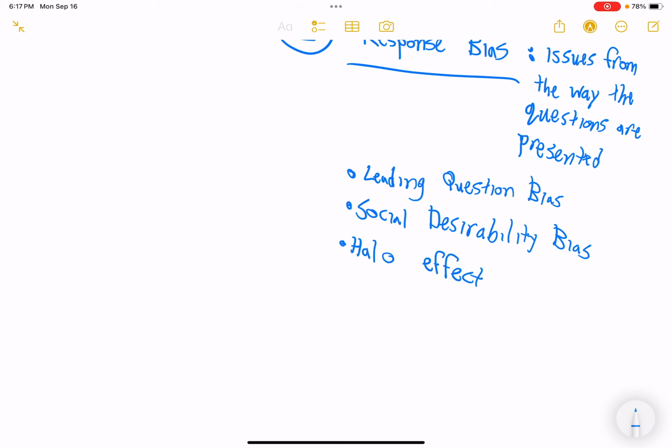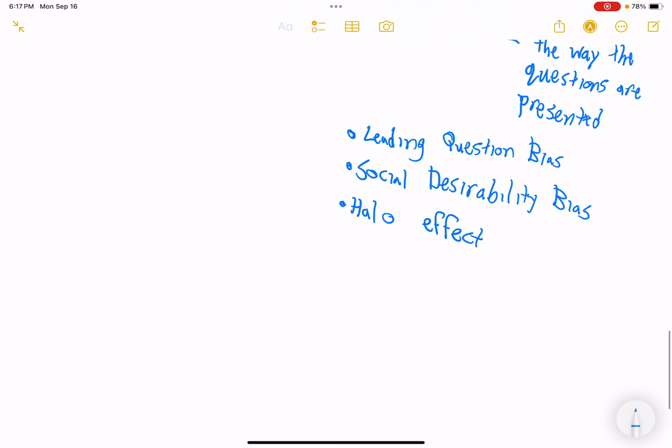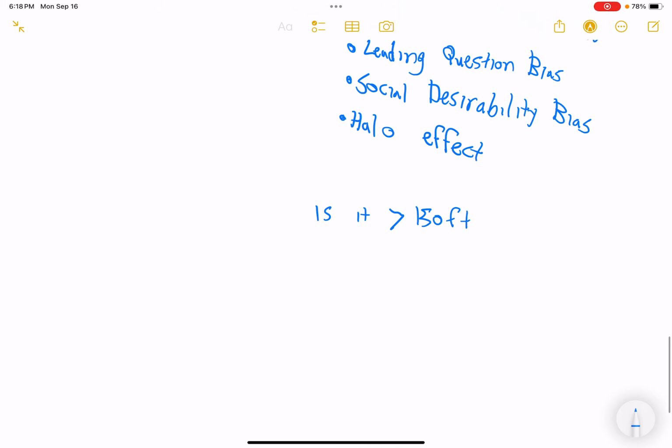Now, if you're on the slideshow, you may recognize on slide 15, that was where in class I gave this survey, right? And on this survey, I was very simple. I said, hey, everybody, how tall is the Statue of Liberty? But with some people, I said, is it greater than 150 feet? And with some people, I also asked the question of, is it greater than 700 feet?